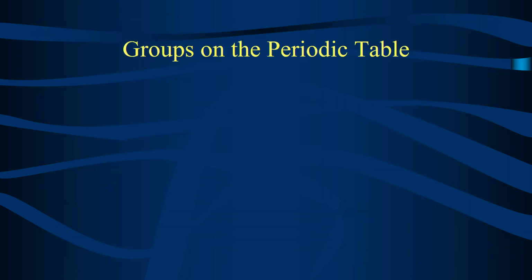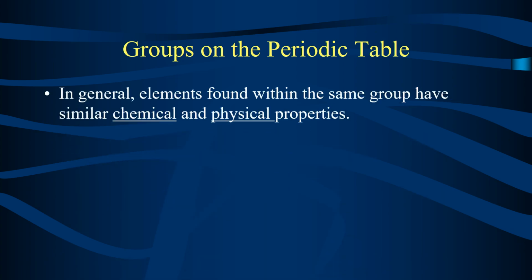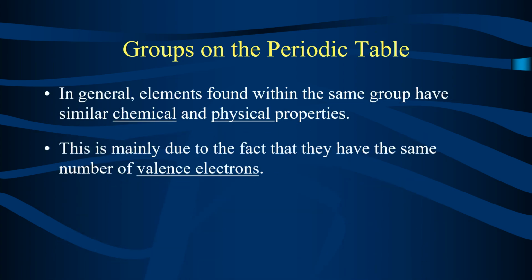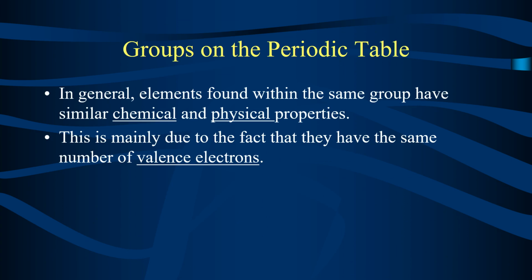But, and I don't know that we're going to get all the way through this today, the next way is we start identifying the elements by groups. So groups are the columns on a periodic table.